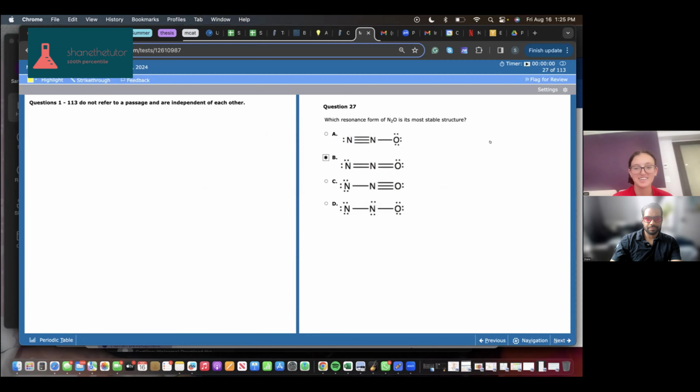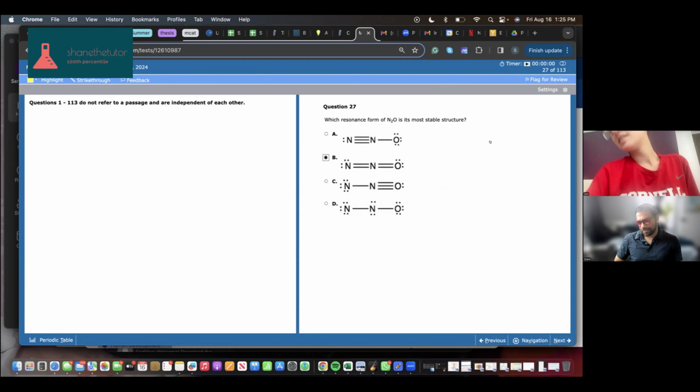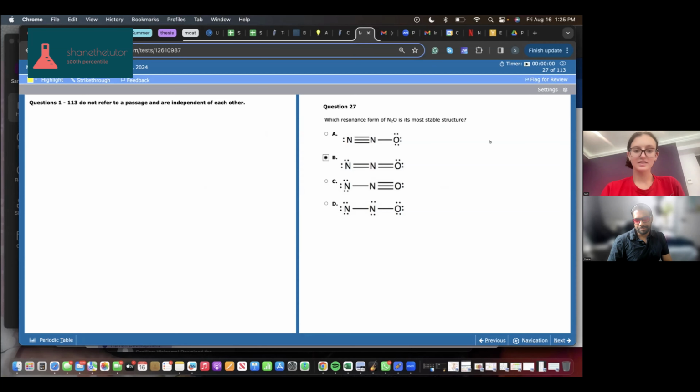Is this right? I think they made a mistake on this question. I would say it's a good choice, but not the most important.